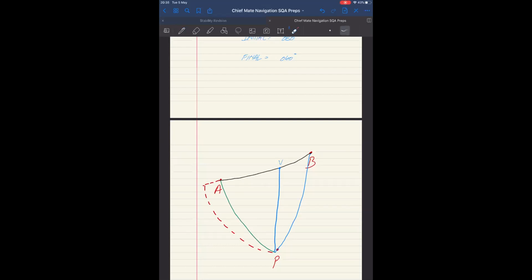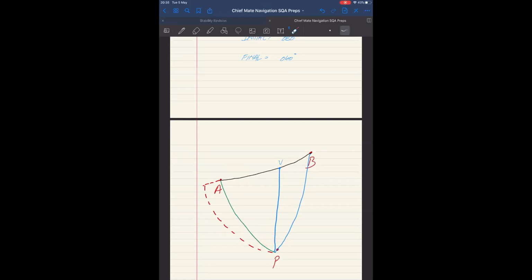Then how it's going to help you is, you need to determine this entire angle and add or subtract depending upon the longitude of A, east or west. This is done because you won't be able to use this angle, because the vertex is not lying in between.